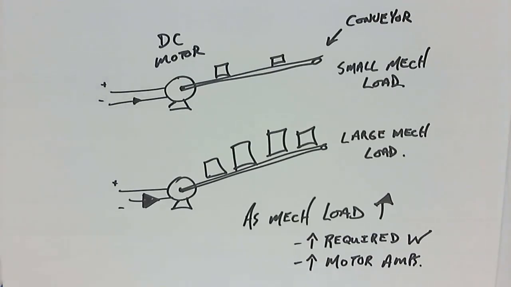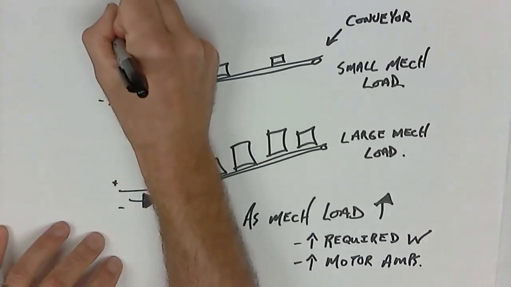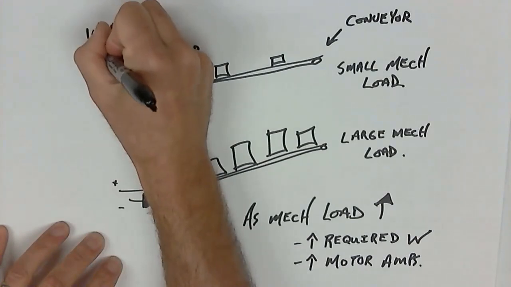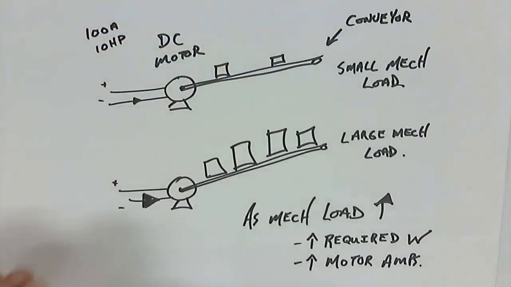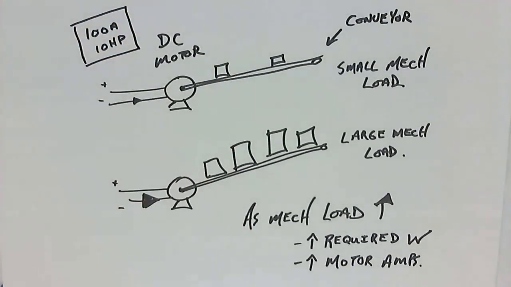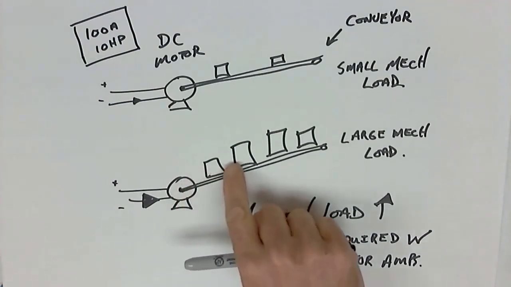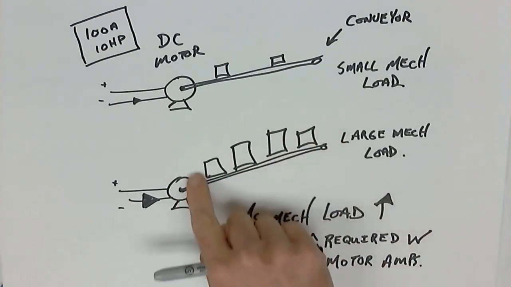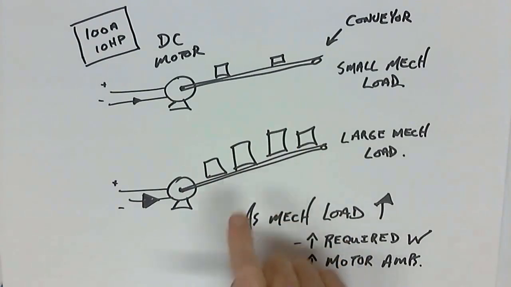Although it has a rating, and the rating may simply be 100 amps and 10 horsepower, we won't see the 100 amps on the line conductors unless the power that's required to drive the load is equivalent to 10 horsepower.